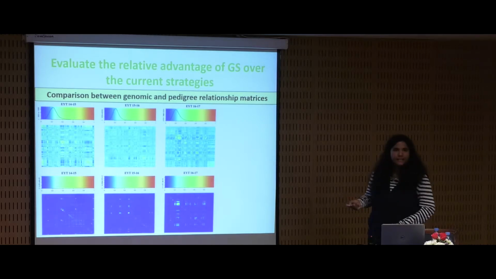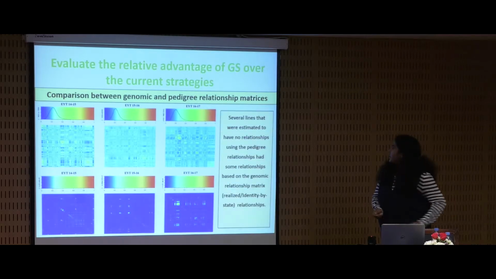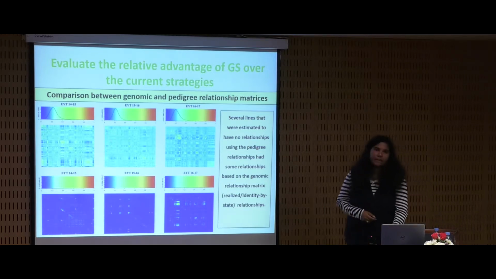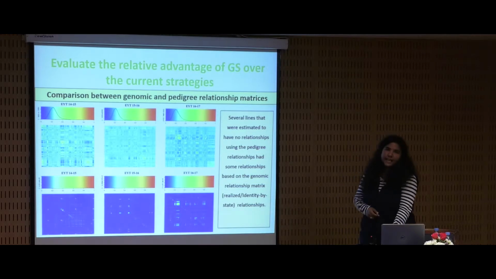That clearly tells us that the pedigree is having a 0 relationship for unrelated lines, or a 0.5 for full sibs, as Ben mentioned in the morning, or a 0.25 for a half sib. And the genomic matrix is able to capture that well because it's capturing that variation based on IBS, or identity by state relationships. So that's okay.